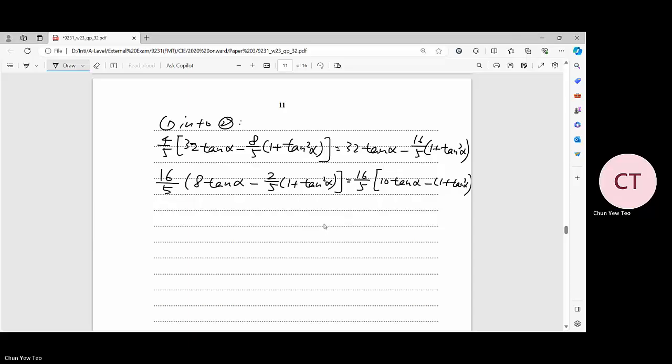Okay, so cancel this. Then I have the multiply by 5. I get 40 tangent alpha minus 2 minus 2 tangent square alpha. I get 50 tangent alpha minus 5 minus 5 tangent square alpha.